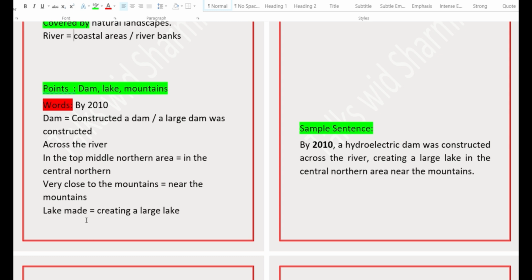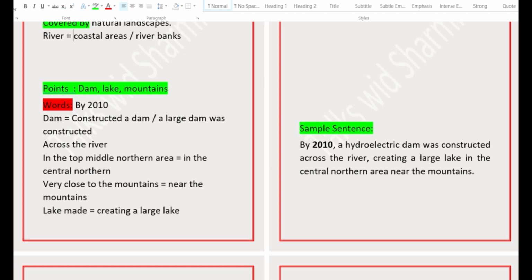The lake was made in the year of 2010, by 2010, right? So instead of saying made, use a correct word which is creating a large lake. It was made, so it is creating a large lake. Made, no. Creating, yes.